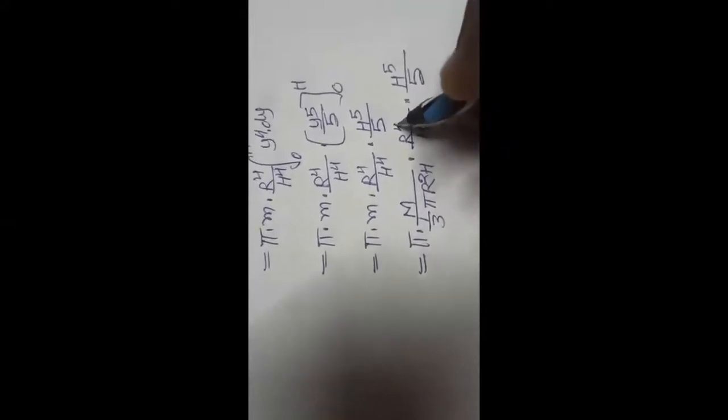So H to the power 4 multiplied by H becomes H to the power 5, which will cancel out this H to the power 5, and R square cancels with R to the power 4, and the remaining will be R square. The 3 goes upside, and the 2 from here and this 2 divided by 2, so this 5 into 2 will be equal to 10.